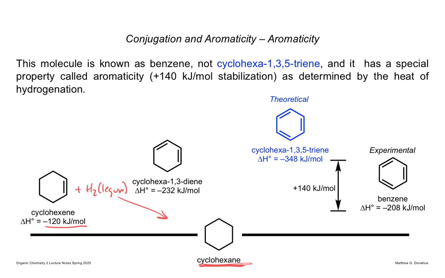If you just shoved another double bond in there to get cyclohexa-1,3-diene, you'd expect negative 120 times 2, that amount of heat evolved. It's around there, but it's a little lower.